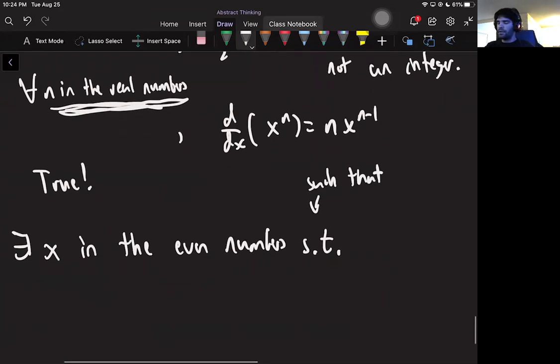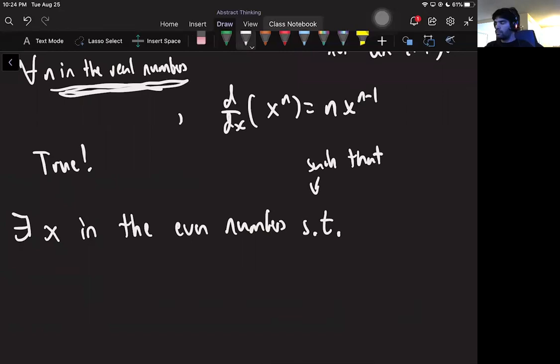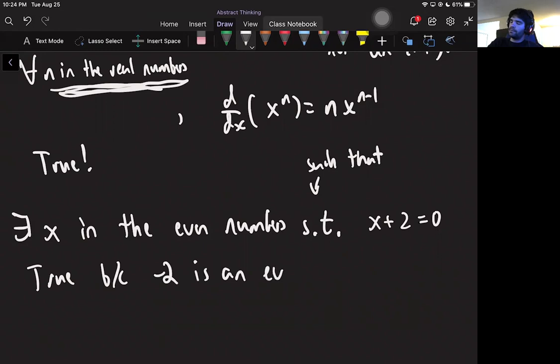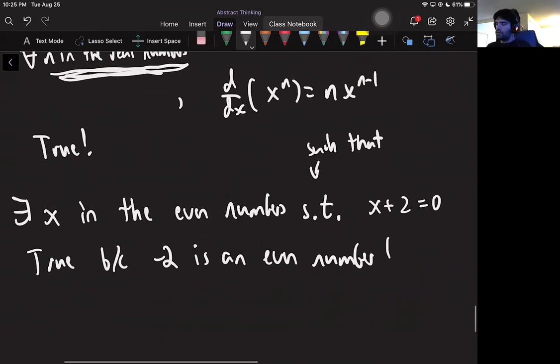This is a true mathematician's greatest trick. So there exists an x in the even numbers such that x plus 2 equals 0. This is true because -2 is an even number. And so there exists something in the even numbers that solves this equation.